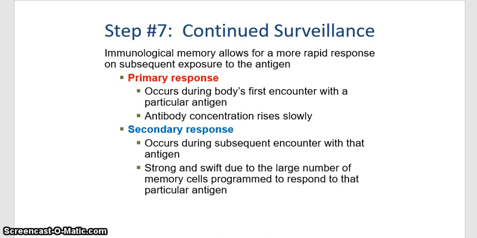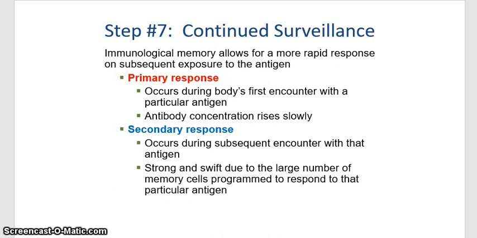So our primary immune response occurs when our bodies first encounter that particular antigen. And in this case, our antibody concentration rises relatively slowly because our body has to have time to divide those B cells and T cells to make that immune response happen.